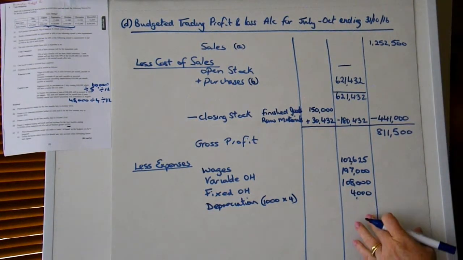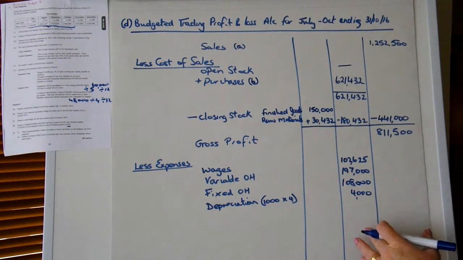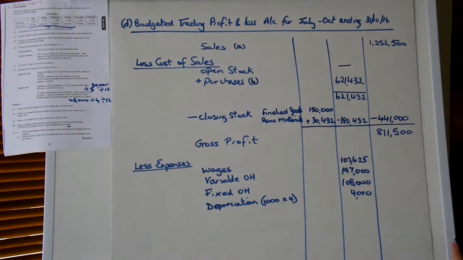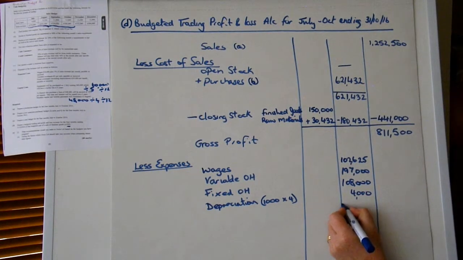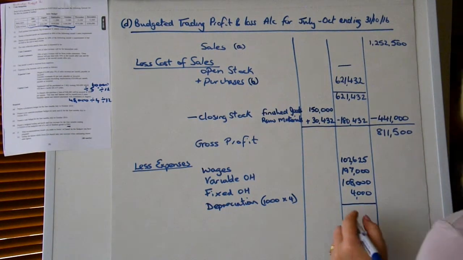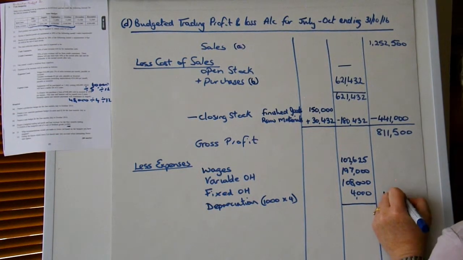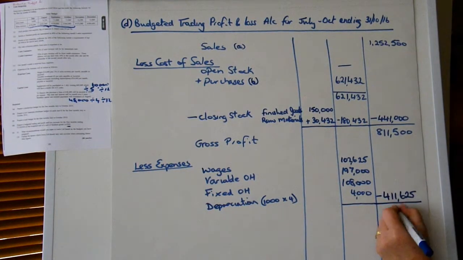Now other items you might see here, depending on the question, might be discount allowed to our customers. Sometimes there's a cash discount, so to include that. Or you might have a discount received as a gain that you can add on to your profits as well, so just to watch out for those. We didn't have any in this question, so that's all of our expenses, and that comes to 411,625 to be taken out of our gross profit.